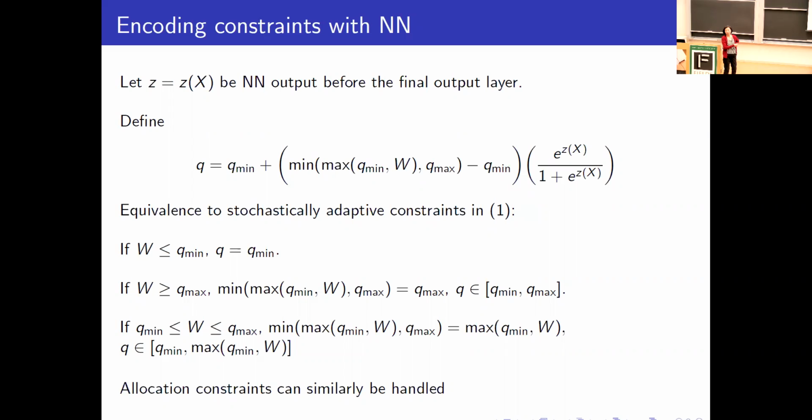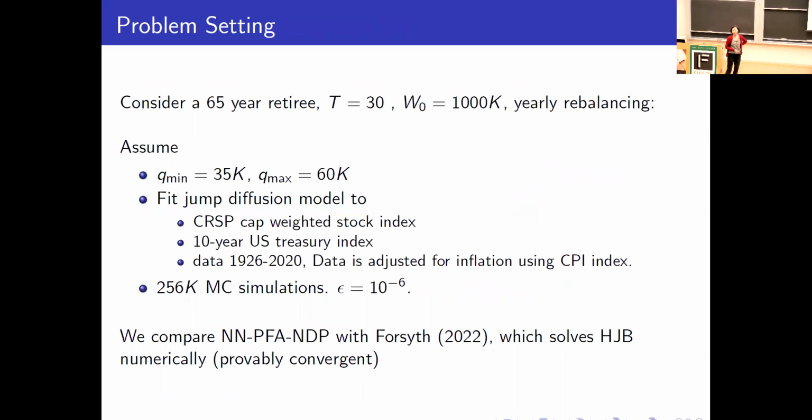You can verify algebraically that this generates the constraint. The allocation constraint is simpler and can be encoded in a similar fashion. All right, let's put it into testing and see if it really works.